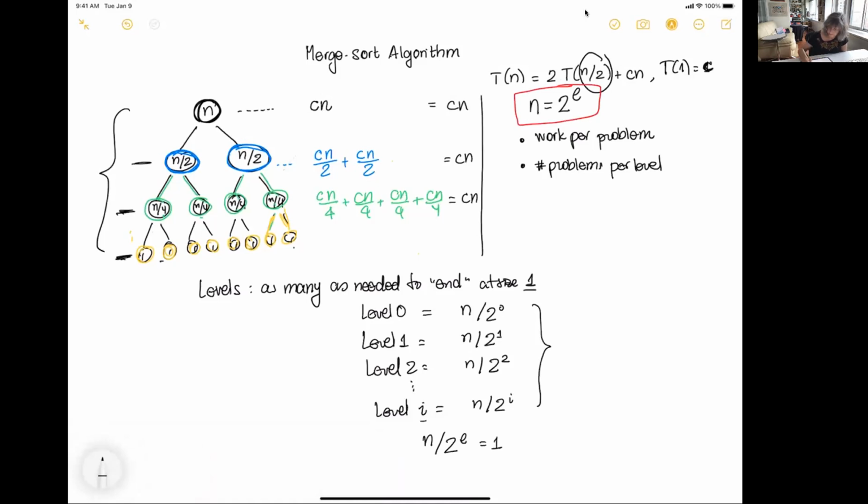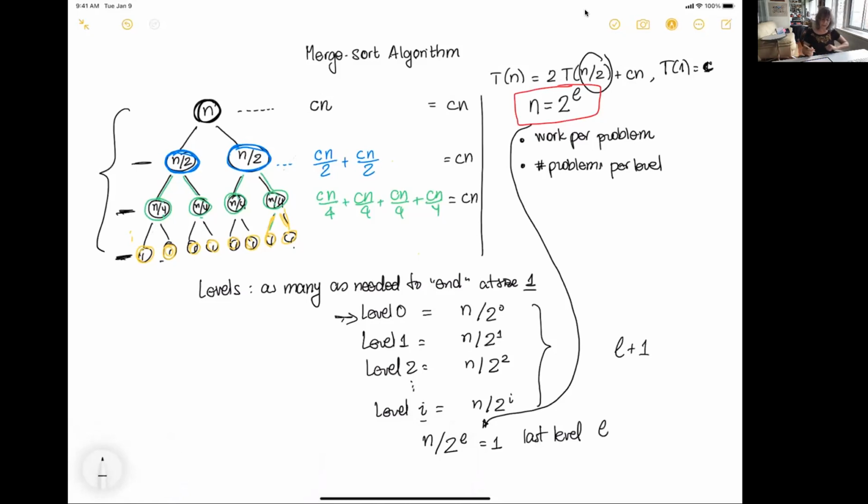Because n is equal to 2 to the L, the last level is labeled with the number L. This is always going to happen in this particular case. And so the number of levels is L plus 1, because we start at level 0.